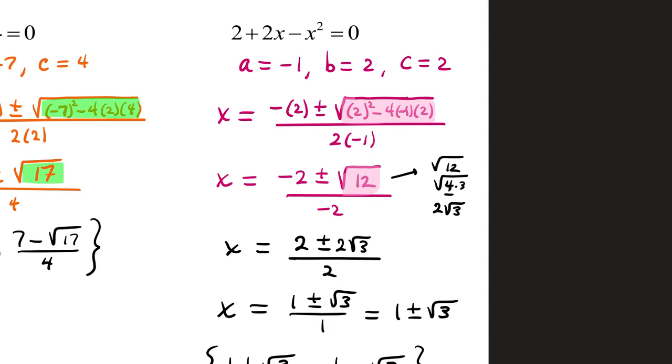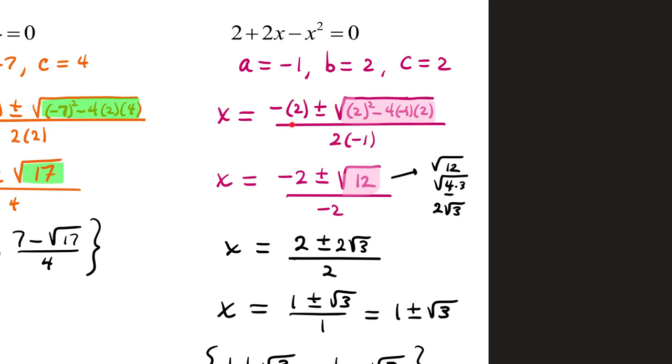As long as you know your a is the coefficient of the x squared term, we know that's negative 1. b is the coefficient of x, which is 2. And c is your constant. That's also a 2. Subbing those values into the quadratic formula, x equals negative 2 plus or minus the square root of 2 squared minus 4 times negative 1 times 2, all over 2 times negative 1.